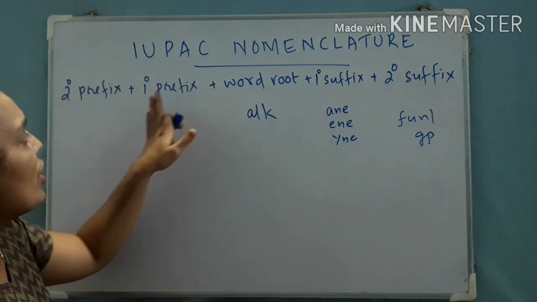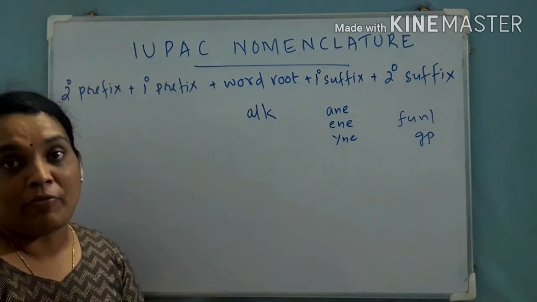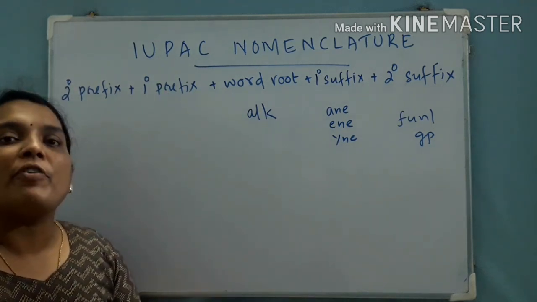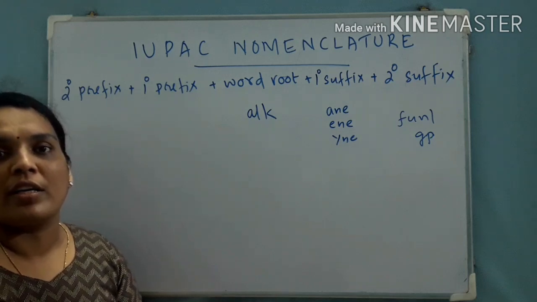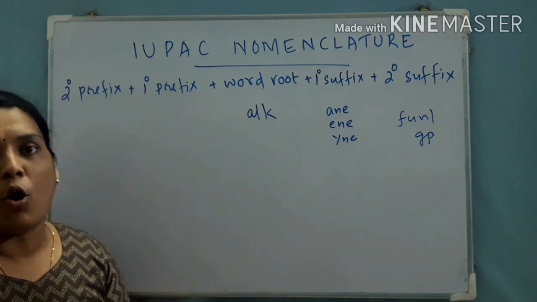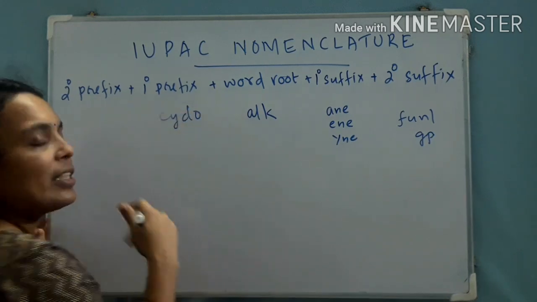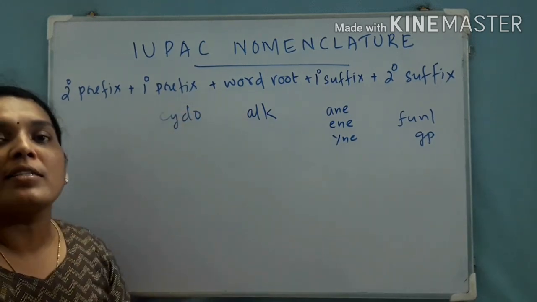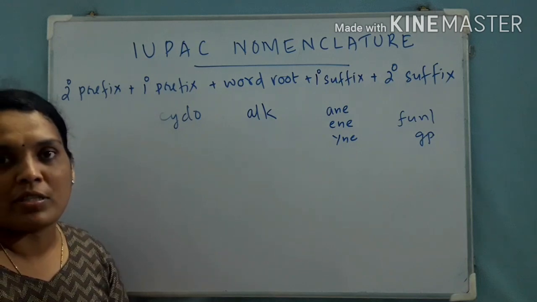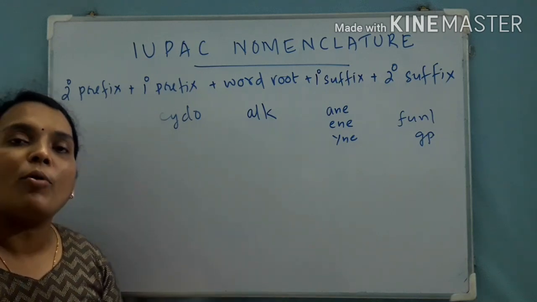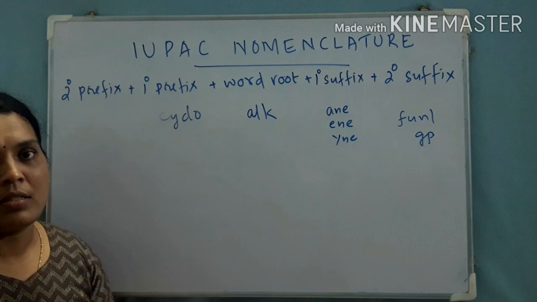Come to the left side of the word root, this is the primary prefix. Primary prefix indicates cyclo. It is only for a cyclic compound. If the compound is a cyclic compound, we have to add cyclo as primary prefix. If it is not a cyclic compound, no need of primary prefix.